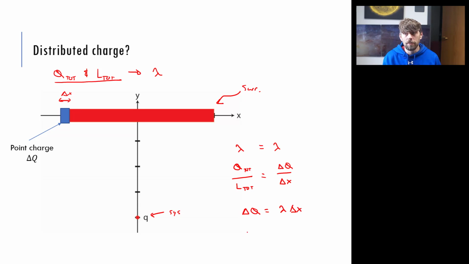What that means is that there is an infinitesimally small amount of charge related to an infinitesimally thin piece of the rod. This is mathematicians, this is physicists being lazy. We want to distinguish between a finite size object and an infinitesimally small object.